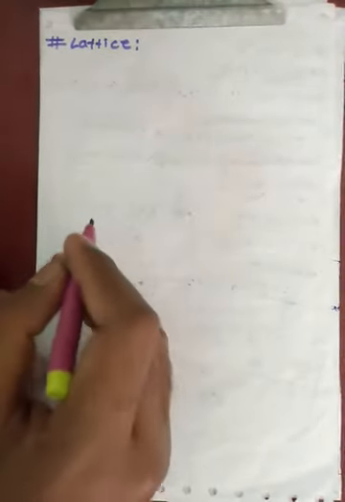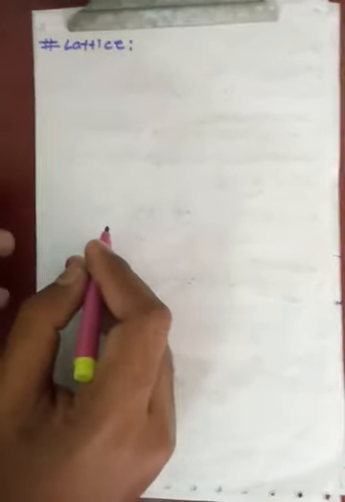Hello friends, now we will see lattice. So to define lattice, we first need to know what is meant by a partial order relation or partially ordered set, right?